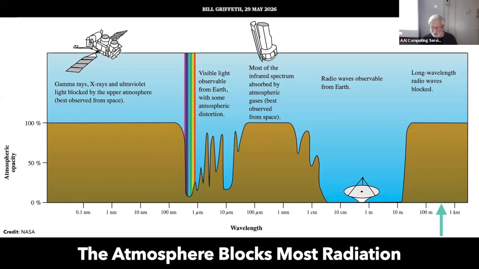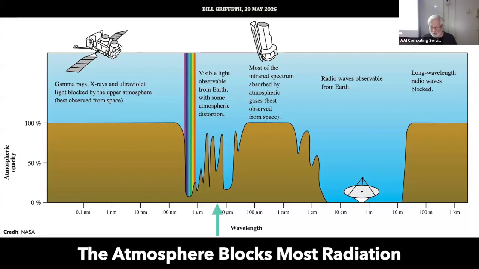Optical telescopes such as those at Paranal Observatory in Chile and Kitt Peak National Observatory in Arizona mostly utilize visible light and near-infrared light, those wavelengths to which the atmosphere is mostly transparent.